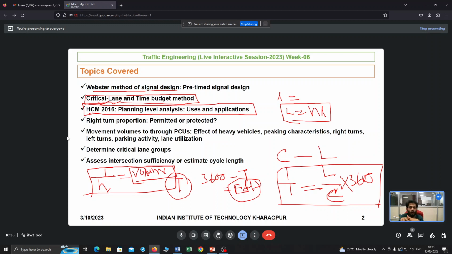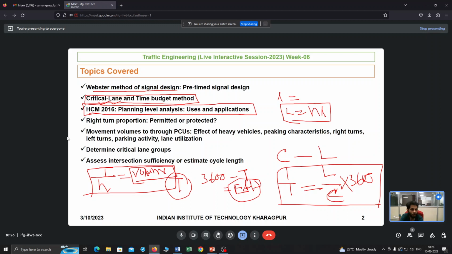So now what are peaking characteristics? You have already heard about the peak hour factor, right? Generally we calculate hourly volumes, but there may be scenarios where, even within that particular hour, in one 15 minutes the variation is very much, and in other 15 minutes the variation is not that much. So it will also create an imbalance, right?